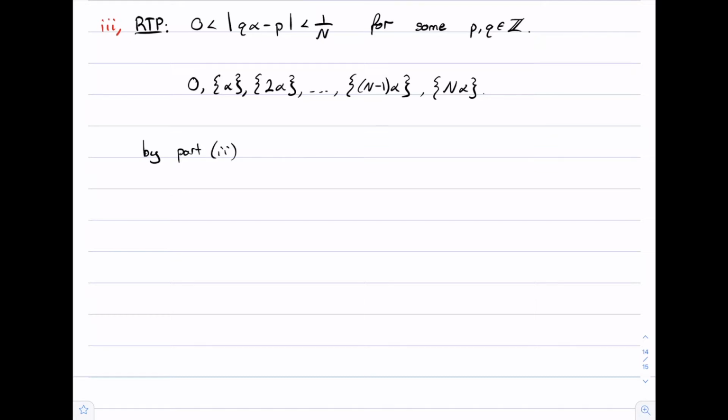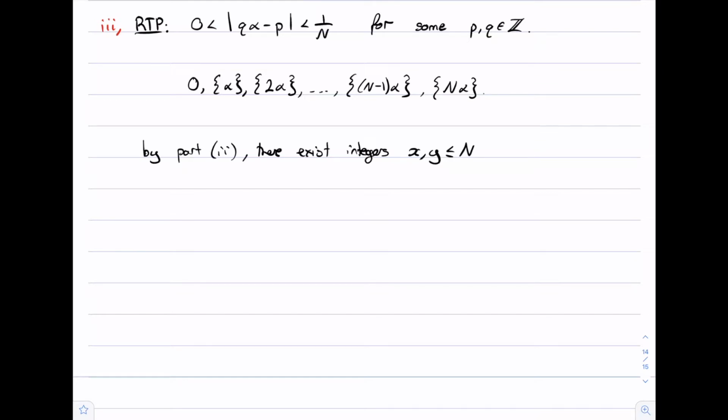So, by part 2, there exist integers x and y, and both of those are going to be less than or equal to n, because they can't be greater than n, otherwise it's not part of our list. So they're less than or equal to capital N.